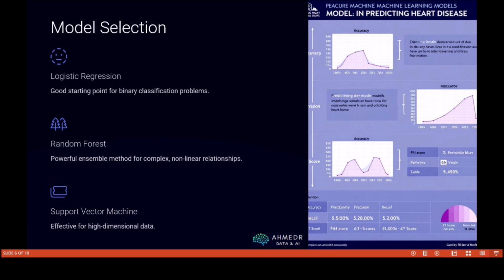Through experimentation, you can evaluate multiple models using cross validation to ensure that your model generalizes well to unseen data. Also, it's important to compare different performance metrics to decide which model best meets your goal, as well as identifying models that overfit or underfit, depending on the amount of training data that you have.